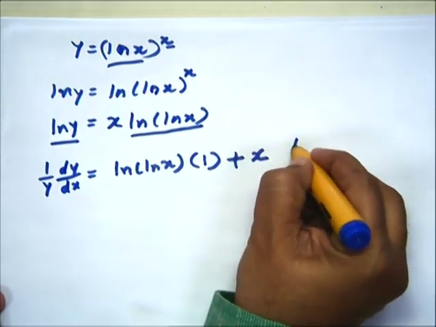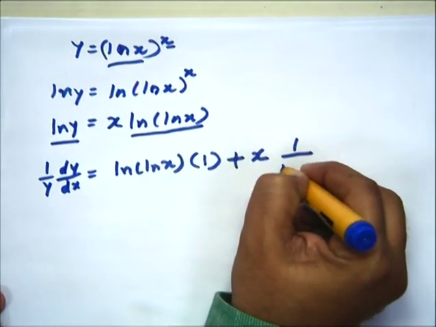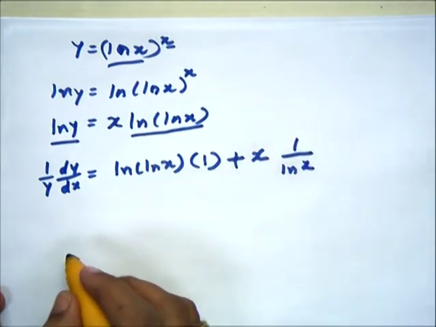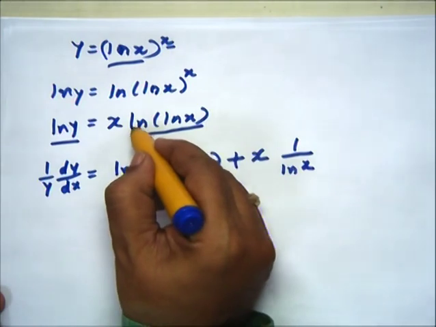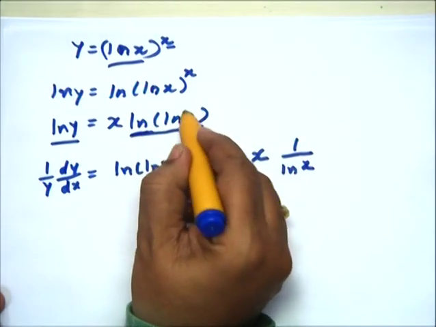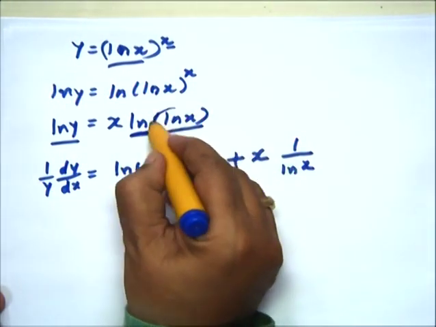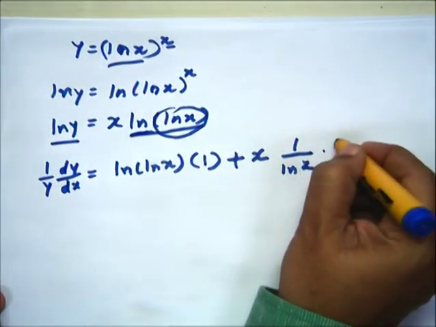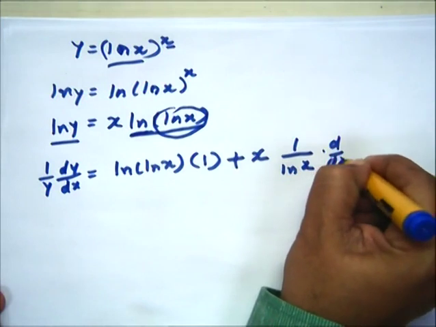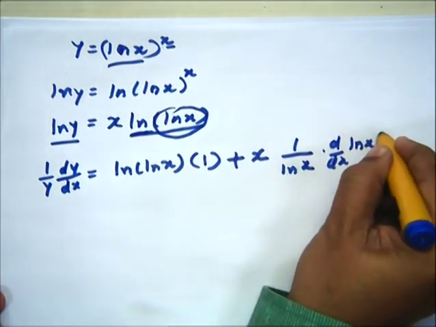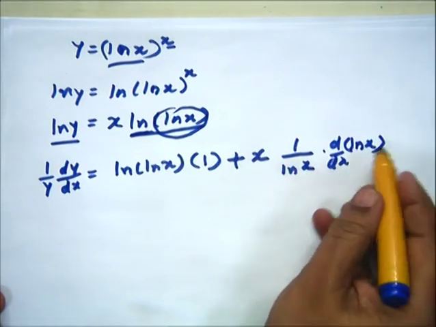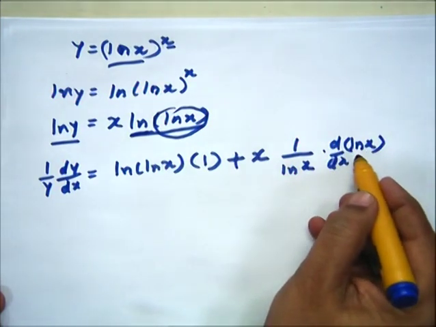So first, the derivative of log x is 1 upon log x, because we know that the derivative of log x is 1 upon x, but in place of x we have log x, so it is 1 upon log x into the derivative of log x, because in place of x we have log x, so we have to multiply by its derivative.